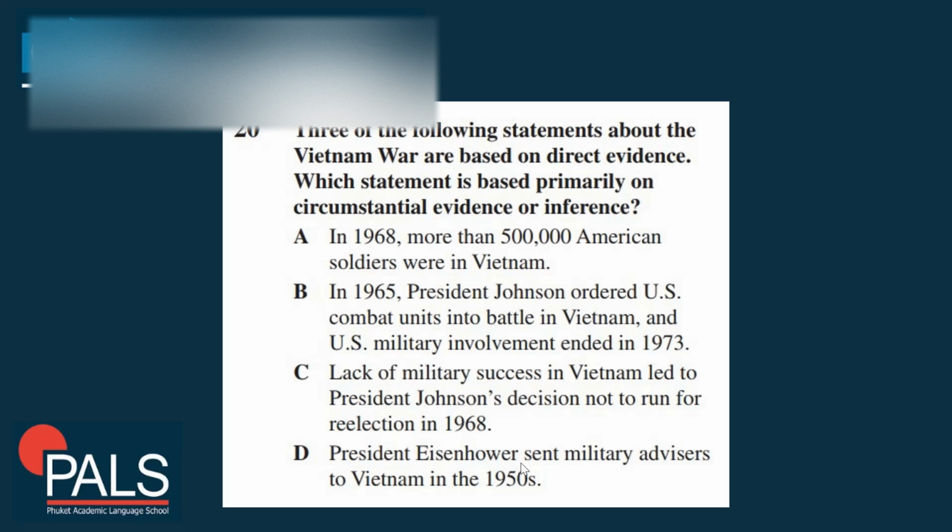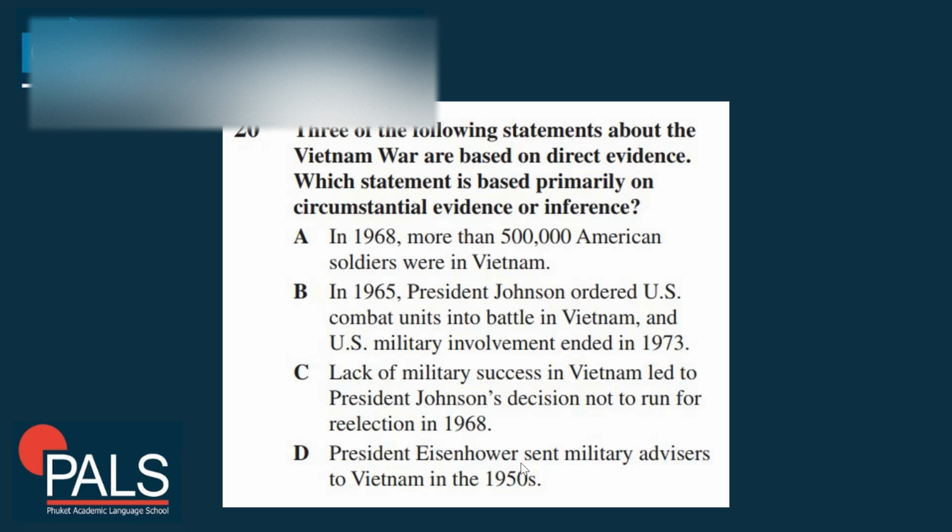C. Lack of military success in Vietnam led to President Johnson's decision not to run for re-election in 1968. D. President Eisenhower sent military advisors to Vietnam in the 1950s. Pause the video, give it some thought.